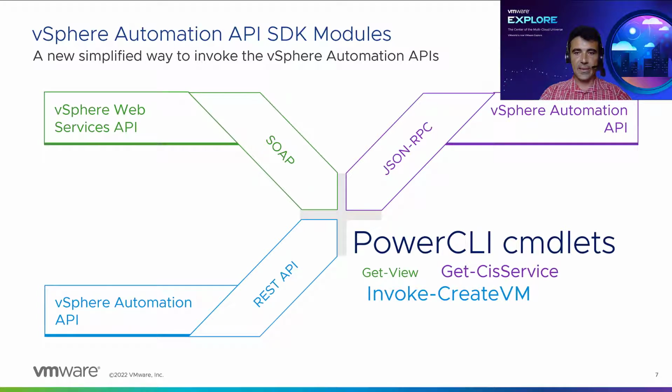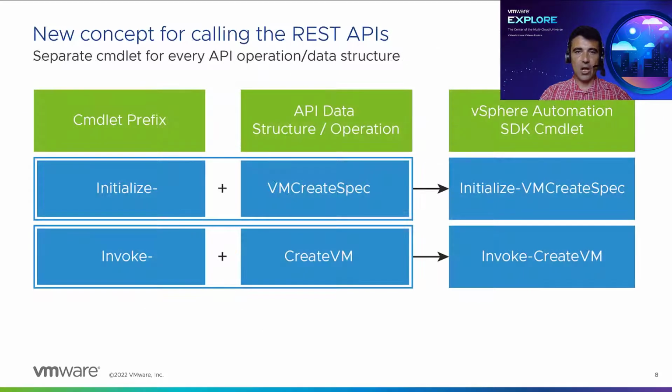And the commandlets for this one look a little bit different. They are with Invoke- and the name of the operation that we want to invoke. And here is the concept. For every API operation, we have a separate commandlet, which makes it much easier to invoke the API operations.